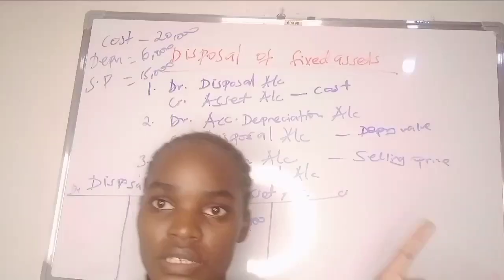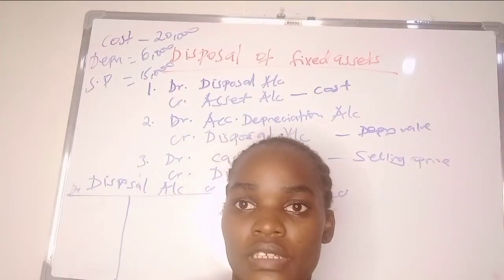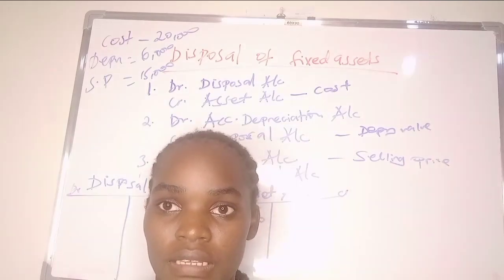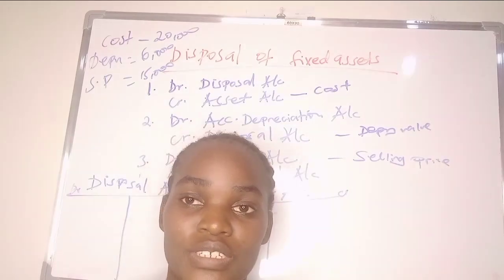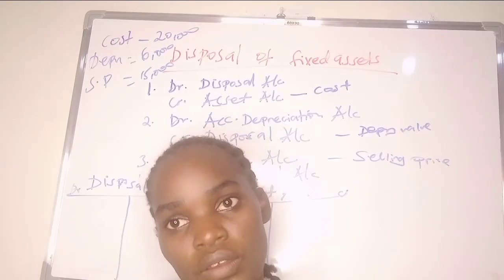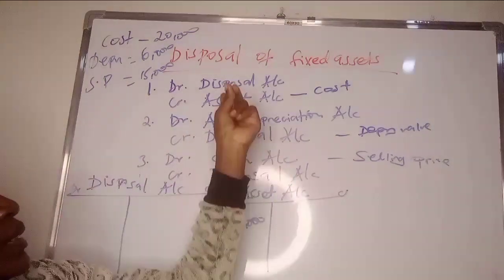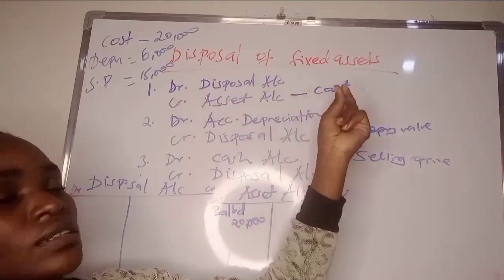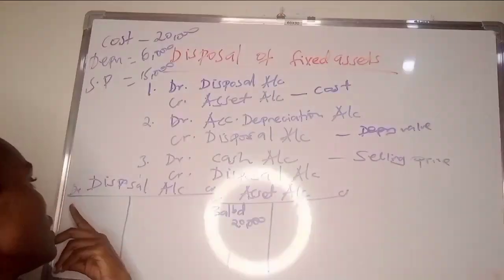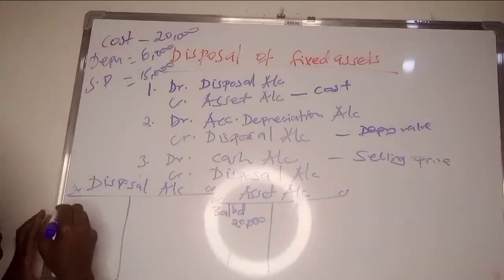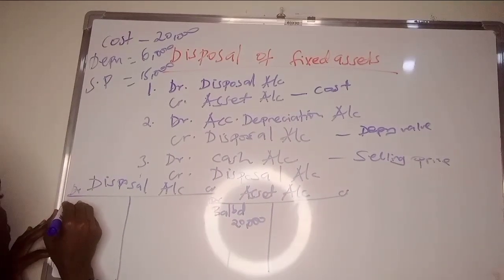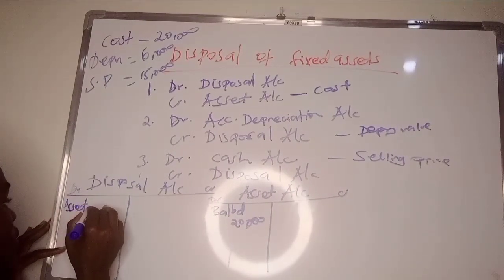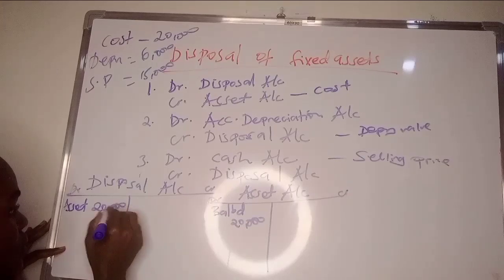When you dispose of the asset, you are selling it, so the asset is decreasing, and it decreases by crediting. Here we said we debit the disposal account, then credit the asset account with the cost. So in the disposal account, on the debit side we put the asset, which is 20,000.